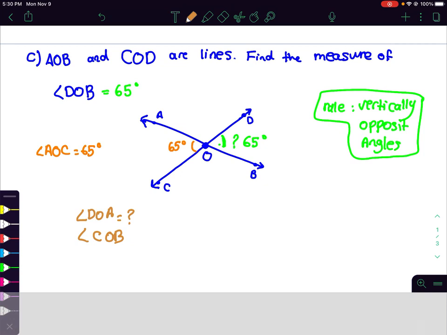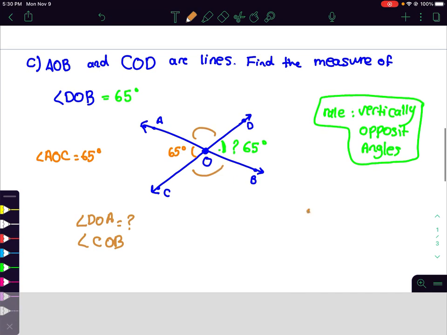So challenge yourself and try to find these two angles. Another rule that you need to use is that we know all the angles around a circle is how much? 360.